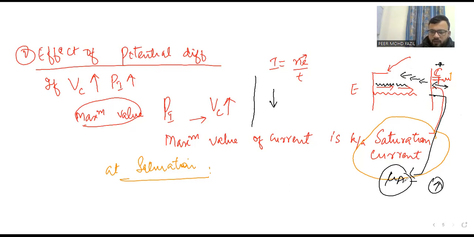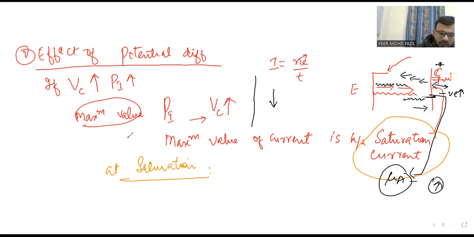If I increase the negative potential of the collector plate to such a limit, the current will become zero. Why will the current become zero? This is to be understood. When it has the highest negative potential, the electrons will be strongly repelled by this negative plate, and even the fast moving electrons cannot reach the collector plate.